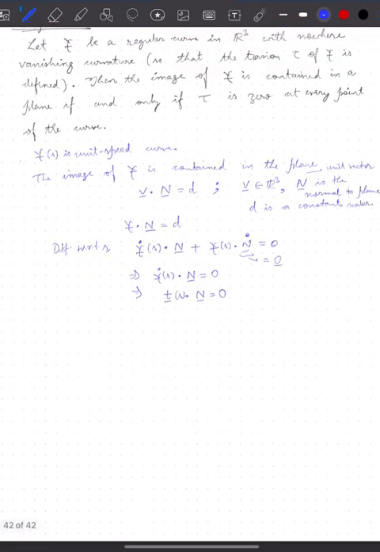And let's differentiate it again. Then we have t dot of s dot n vector is equal to 0. And we recall that t dot of s is kappa of s times N of s, right? Kappa of s N of s dot n vector is equal to 0.